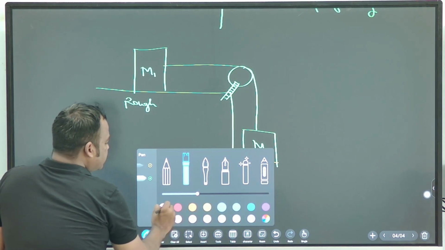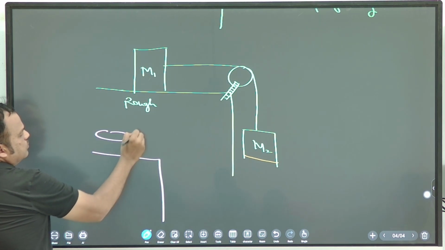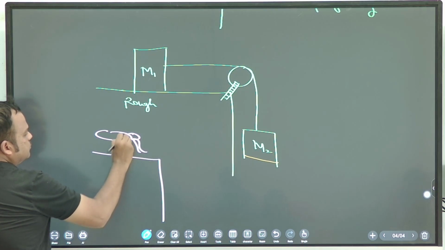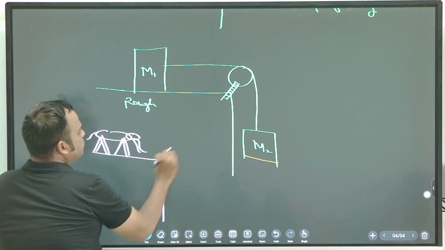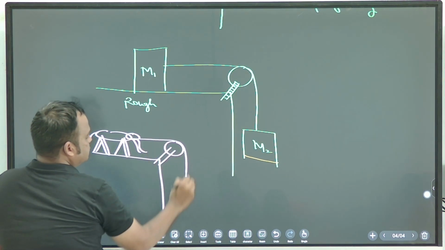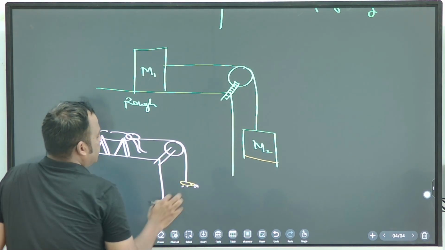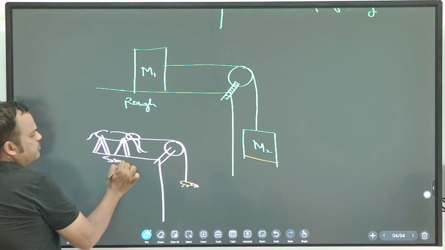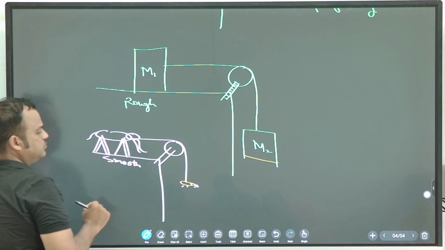You remember that elephant and rat. Suppose the elephant is here, a pulley is there, and the rat is there. If the surface is smooth, will the elephant slide or not? Yes.